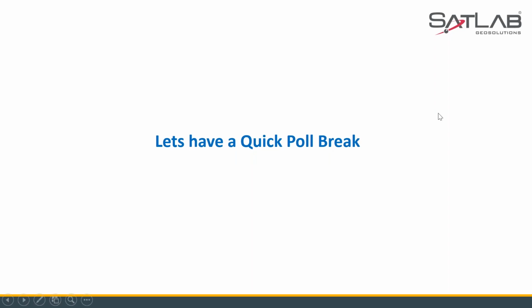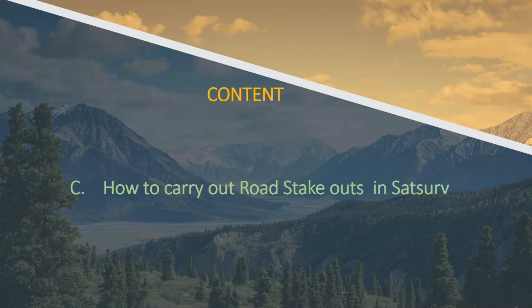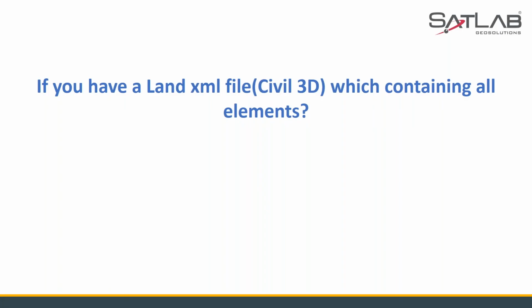We have learned so far that we can design the roads in Satsurv, but Satsurv, and every other software you can use in the market right now with a field controller, has its own limitations, right? So in this part, we can import a LandXML file, which is an AutoCAD 3D Civil file, containing all the elements like horizontal alignment, vertical profile, the super elevation, because we can design each and everything there.